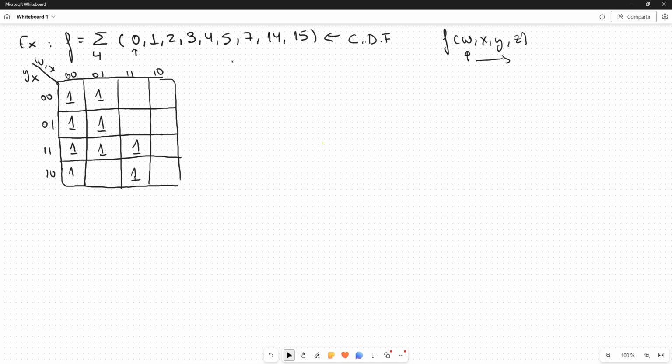So the first step is to locate the prime implicants of the function, those covering the largest possible groups of ones. And remember that they can overlap. We have to detect all of them. So here, if we start from the upper part, we have this product term, for example.